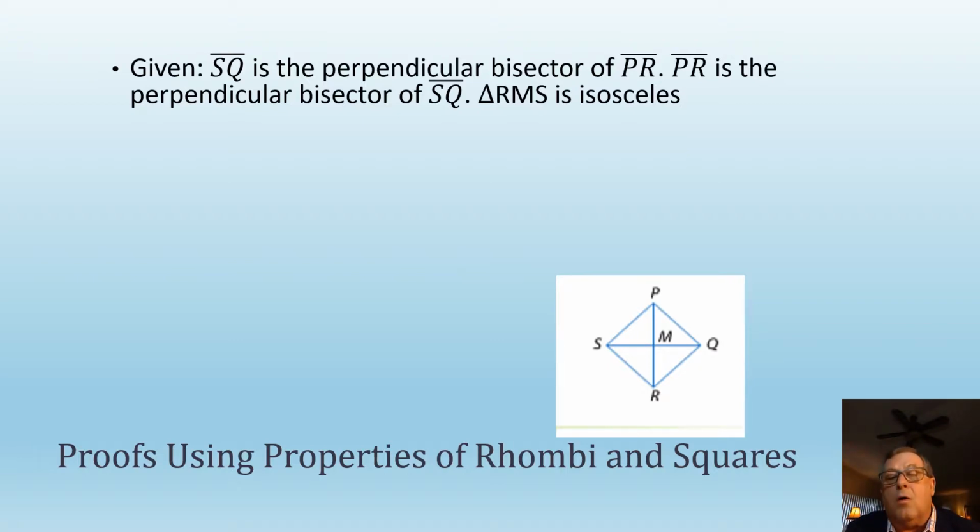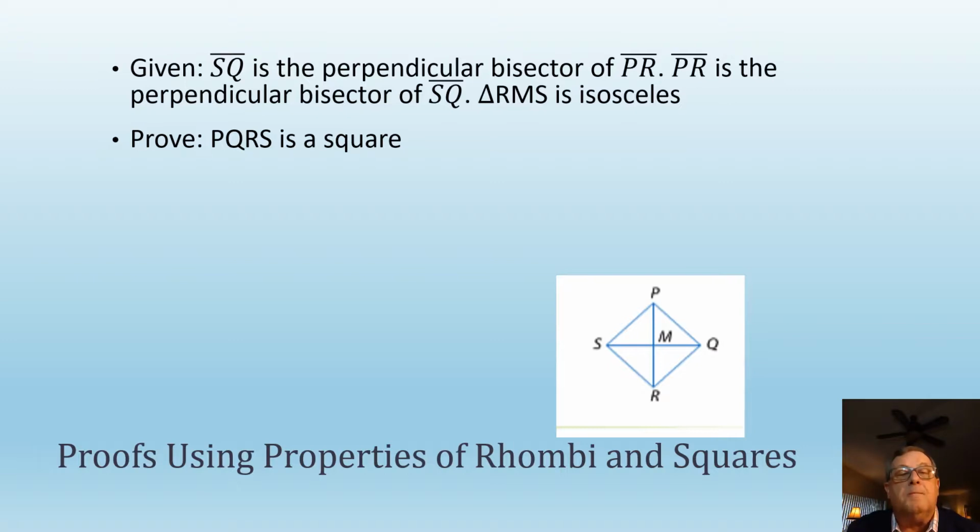Okay, RMS is isosceles. That's going to make sense here in a moment. All right, so let's prove then that this quadrilateral PQRS is in fact a square.